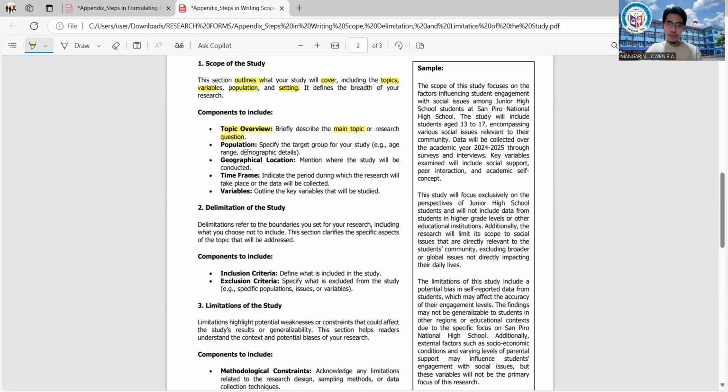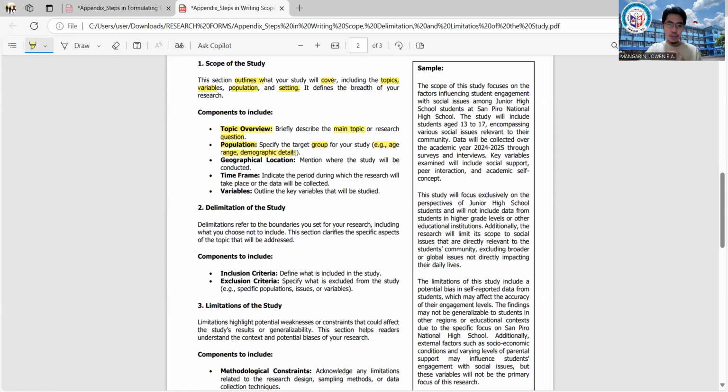Then after that, we have to introduce to them yung ating population. No? Sino-sino ba yung mga group na part ng ating study? Kung meron tayong age range, demographics, and some other important details na pwede nating ilagay regarding our population or our respondents, mas okay yon. Kasi it will help our readers to understand the nature of our participants and respondents.